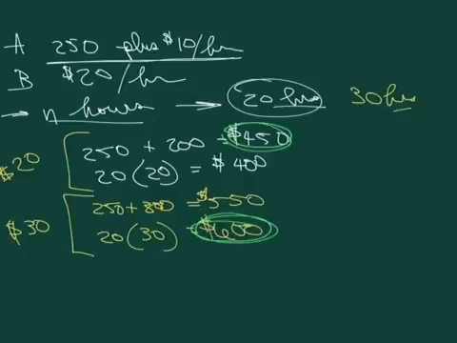So it'll help you to pick plan A or B depending on how long it takes. Because plan A was the best plan for 20 hours, but plan B was the best plan if it took 30 hours. So there's got to be a number of hours that is the dividing line where I can say anything less than this many hours, I'm going to pick one plan. Anything more than that many hours, I'm going to pick the other one. So how do we do that?